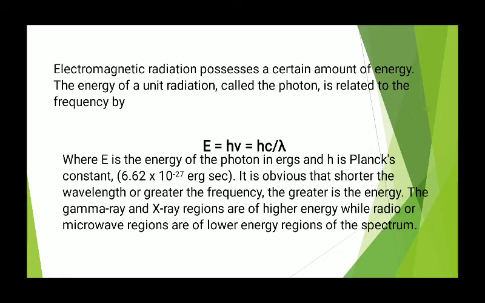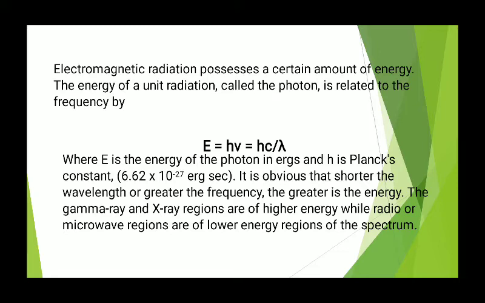Electromagnetic radiation possesses a certain amount of energy. The energy of a unit radiation is called a photon. It is related to the frequency by the equation E is equal to h nu is equal to hc upon lambda, where E is the energy of the photon in erg and h is Planck's constant, which has the value 6.62 into 10 raised to minus 27 erg second.